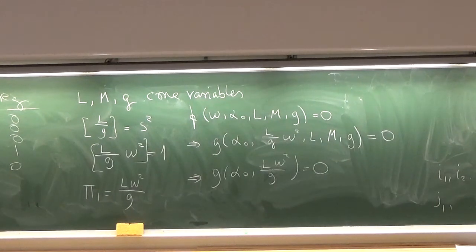In this way we could solve for omega and get the frequency as a function of alpha naught, L and G. So we see that the mass is not included.